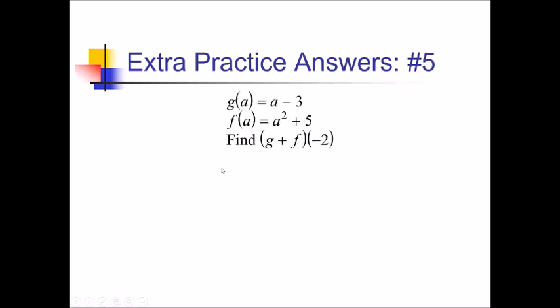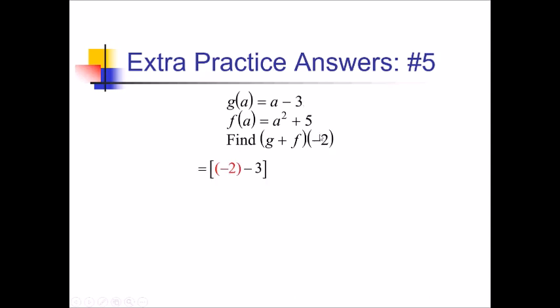For this one, we're doing g plus f of negative 2. So this is essentially saying g of negative 2 plus f of negative 2. G of negative 2 is going to be this g function with negative 2 plugged in for a, so negative 2 minus 3.